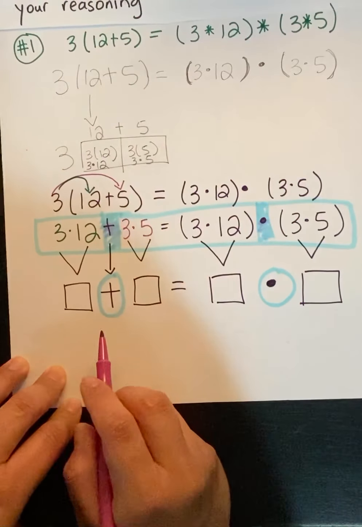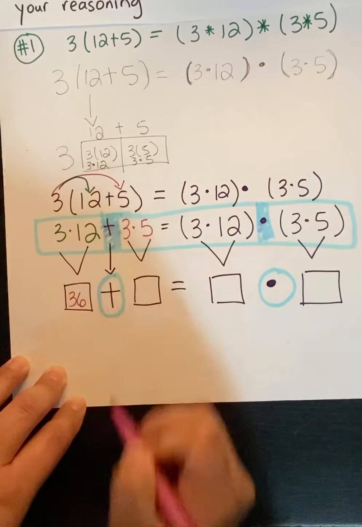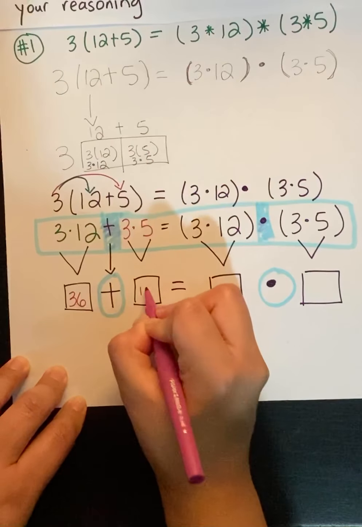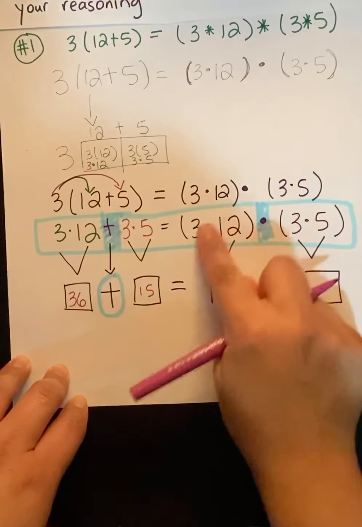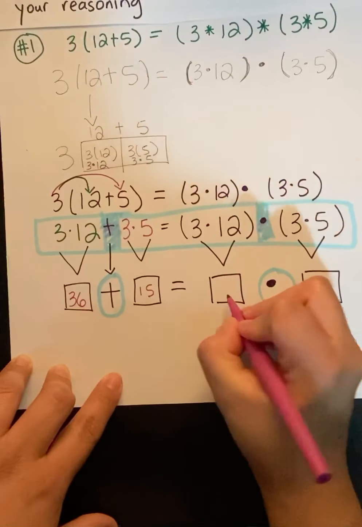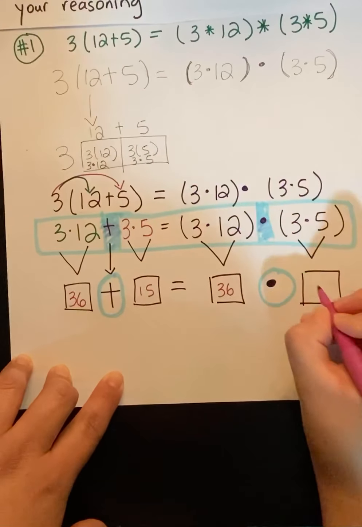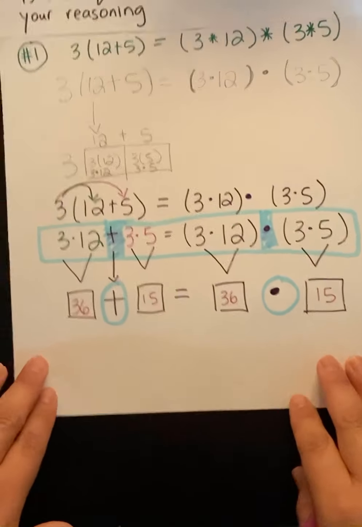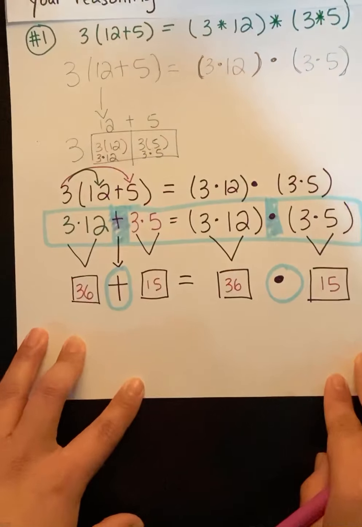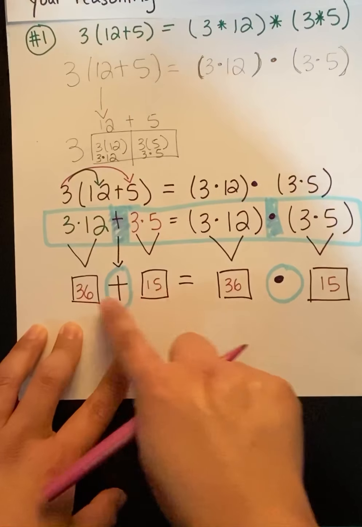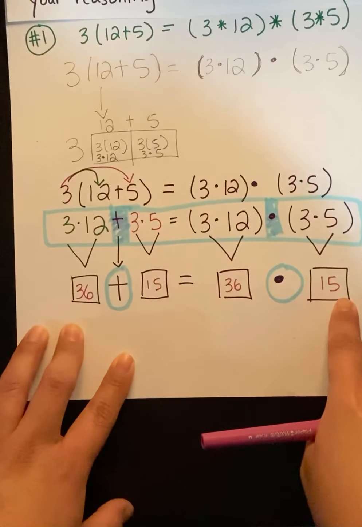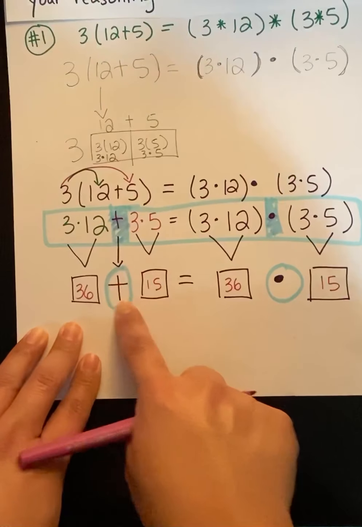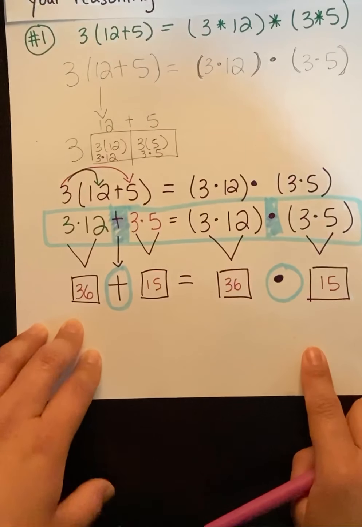3 times 12 I know is 36. 3 times 5 is 15. Okay. Same numbers, 36 and 15, but on the left they're being added and on the right they're being multiplied.